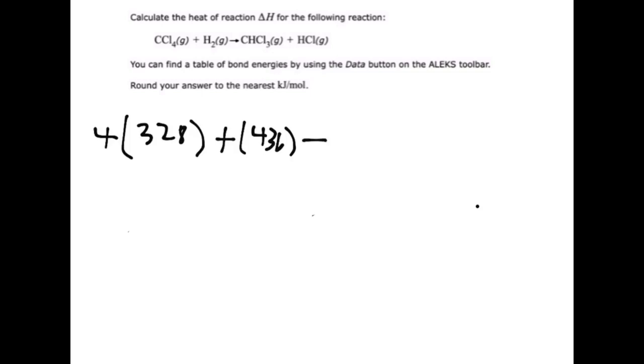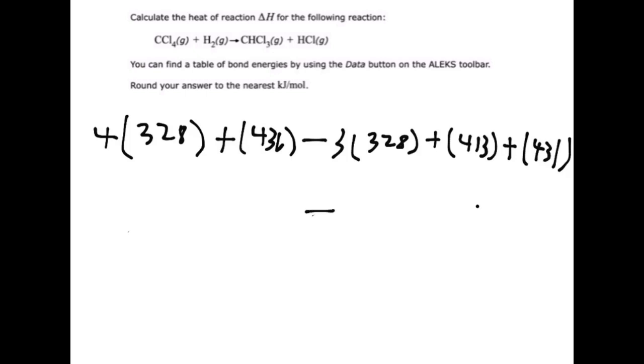So in this part, we have 3 bonds that are CCl bonds, which is 328. And we also have a bond which is a CH bond. So we also have to add the energy of the CH bond, which is 413, plus we add the HCl bond, which is in that last piece, which is 431.